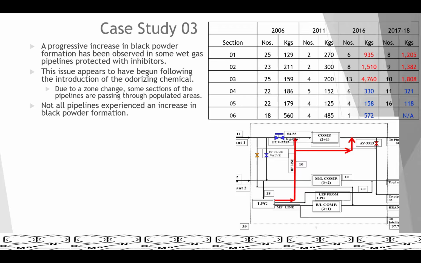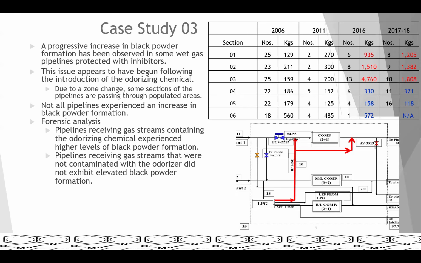And we went through the flow pattern of this pipeline, and what we found was the pipelines that were receiving gas streams from upstream that contain odorizing chemical experienced higher levels of black powder formation. If the flow went through the odorizing injection port, those flows had increased black powder formation.